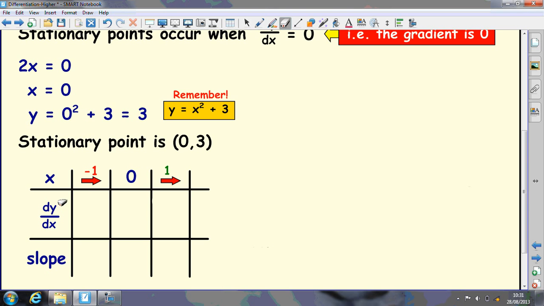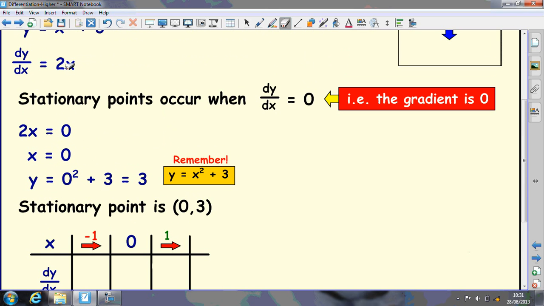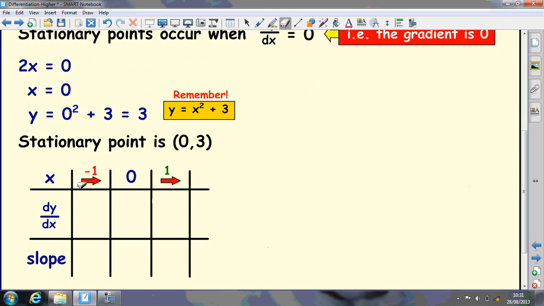To find the derivative, we've already done that up here, it's 2x. Now we substitute in these values into the derivative to find out if they're positive or negative values. This will tell us where the graph is increasing, where it's decreasing, and then that will eventually tell us what the graph will look like. Now the derivative when x is 0 is always going to be 0, because that's our stationary point here.